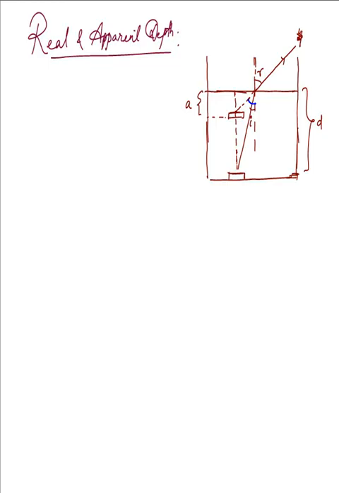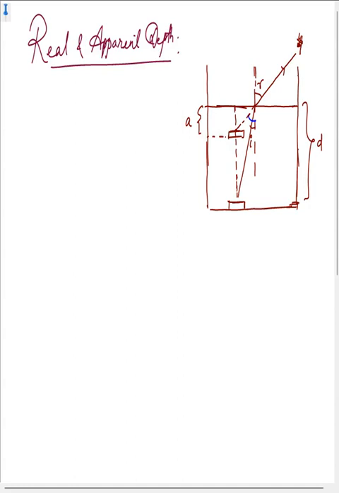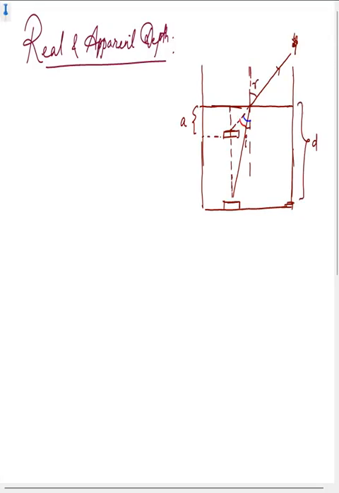So there's another small angle. I'll be zooming it, and I'll use another ink for that. The red one seems better. So this angle that you see over here, that red angle is nothing but equal to i r minus i.